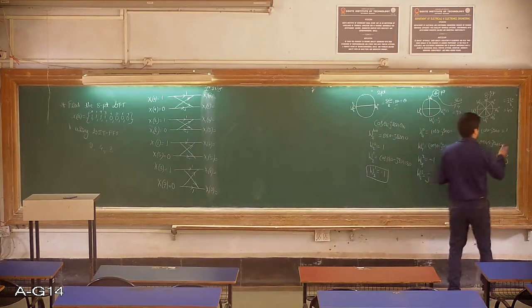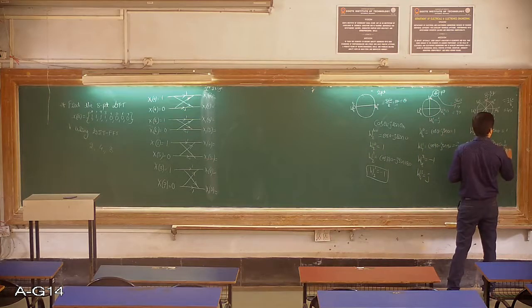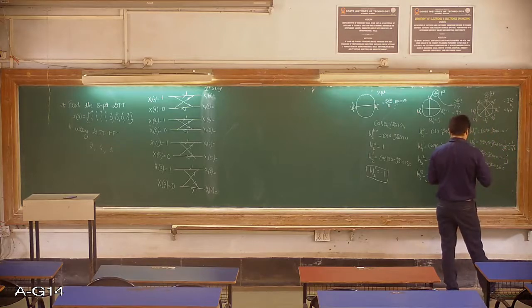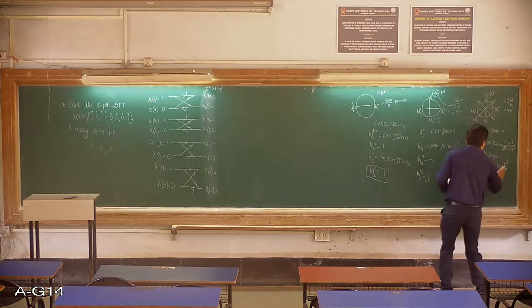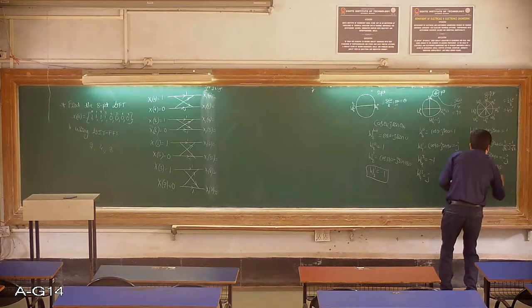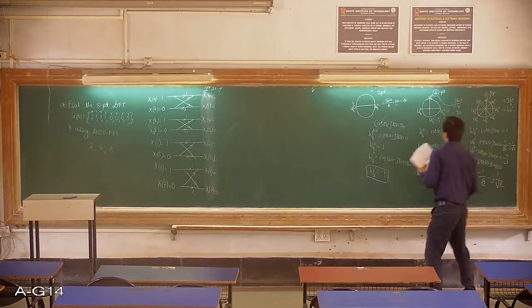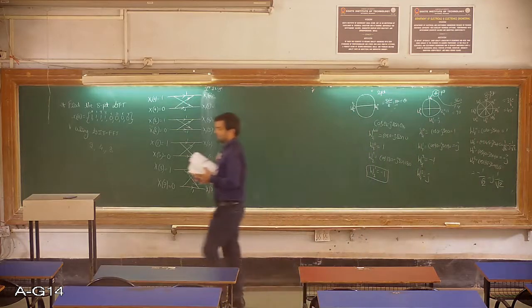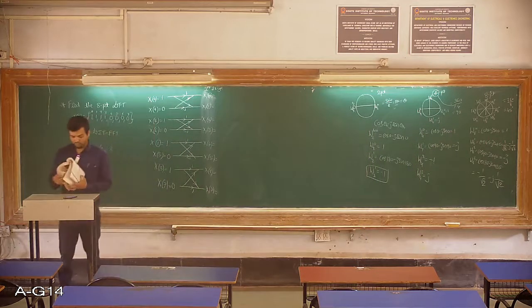Here it is 1 by root 2 minus j 1 by root 2, and here I will write minus 1 by root 2 minus j of 1 by root 2. These are the twiddle factors we have computed.